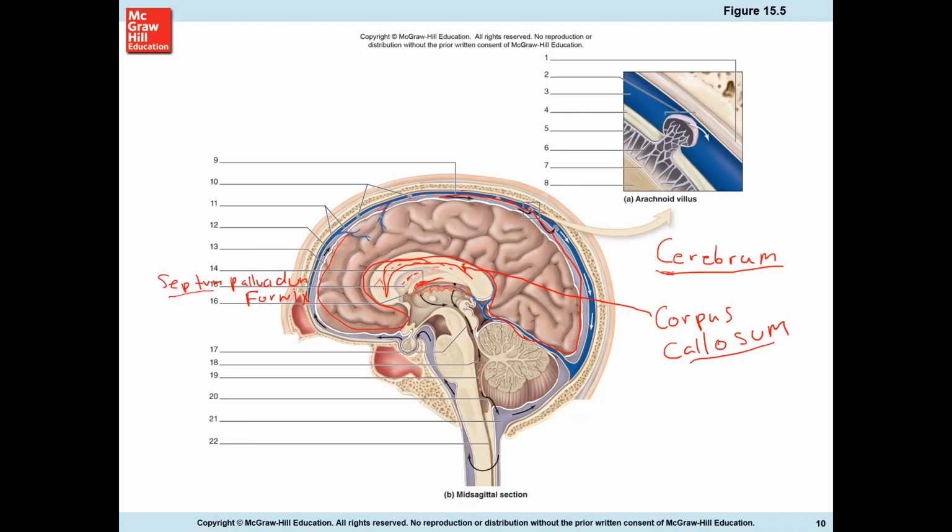So I think that's the first thing that jumps out at you when you see this is the cerebrum, of course, and you see the hills or gyri, or gyrus. I'll put gyri because that's plural. And the grooves in between the gyrus are called sulcus, or sulci. Sulci is plural. Okay, and some of those are important.